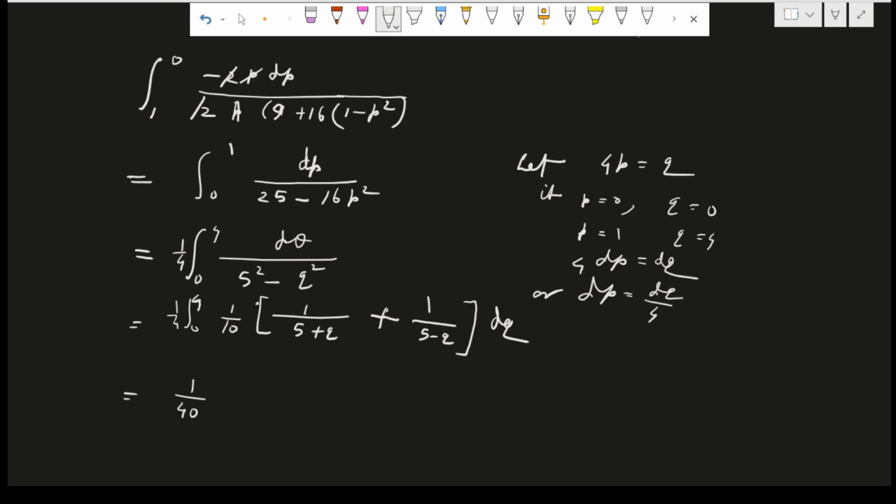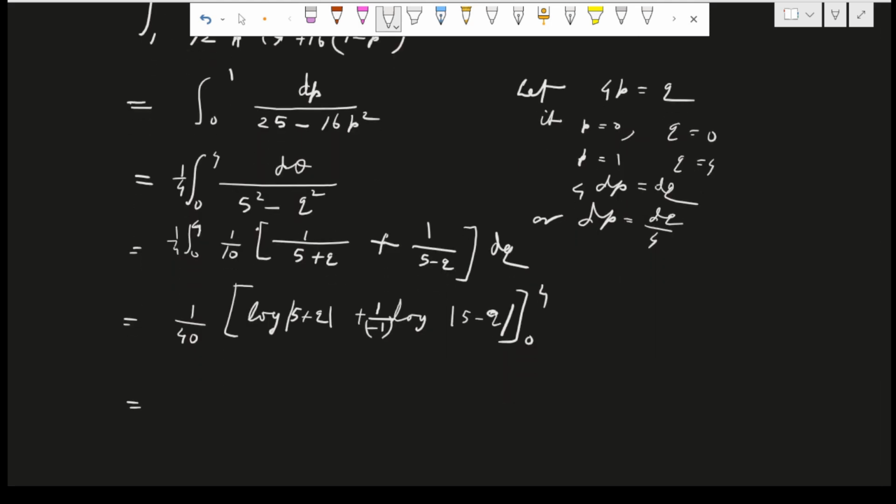After integrating, log of (5 plus q) minus log of (5 minus q), because the minus sign comes from the integration, from 0 to 4.